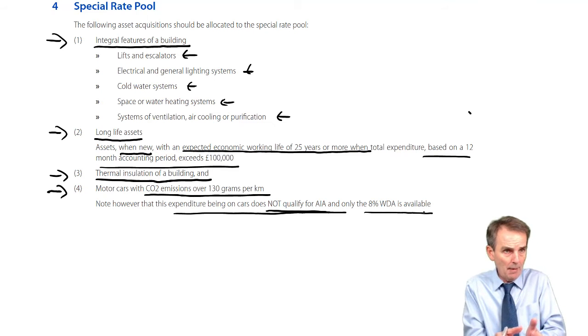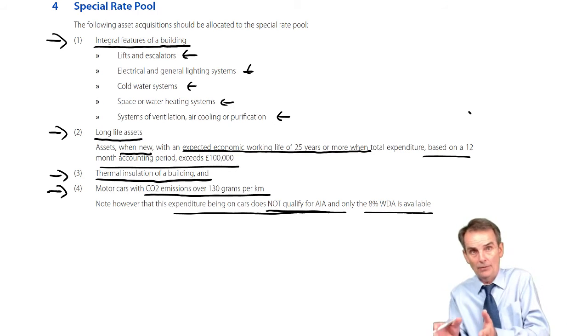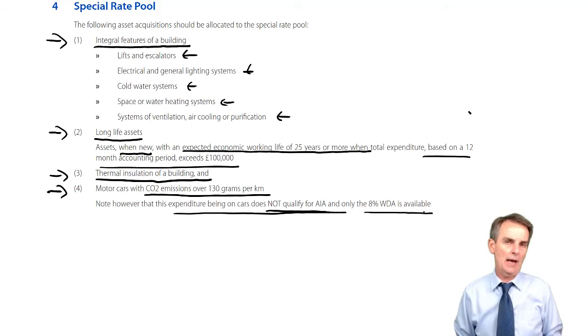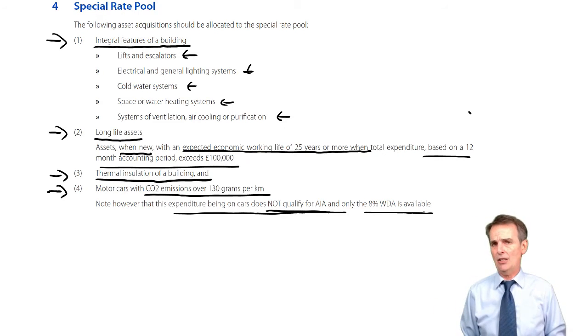It's then the main pool expenditure that takes you above the 200,000 limit, and on the rest of that, not qualifying for AIA, at least then you get the 18% writing down allowance.